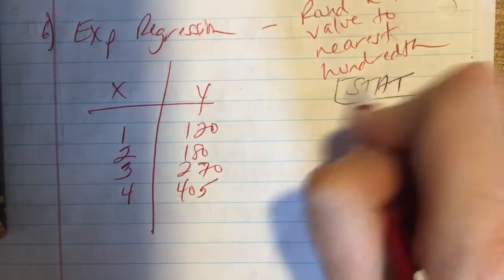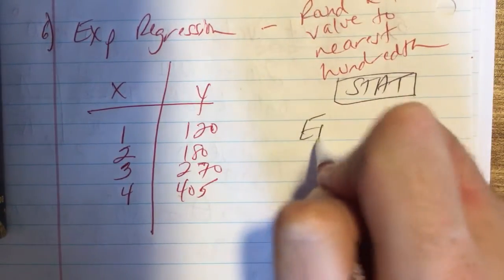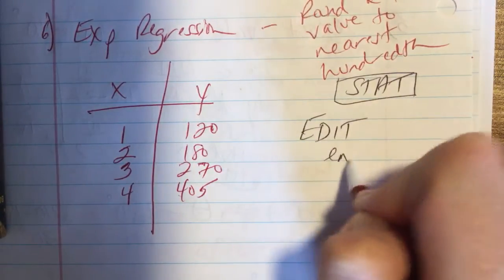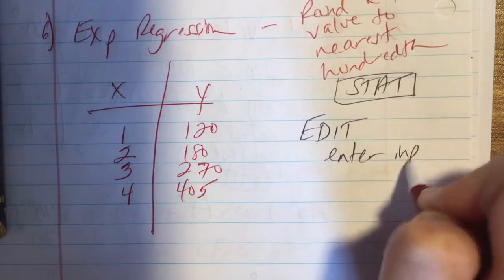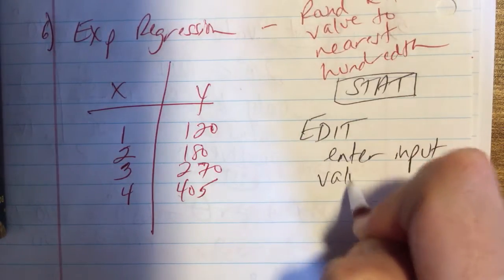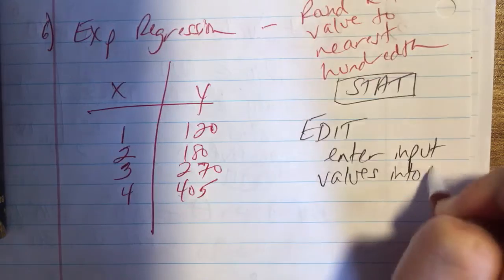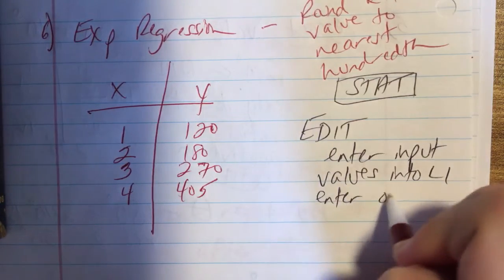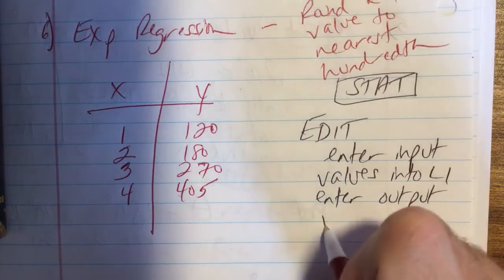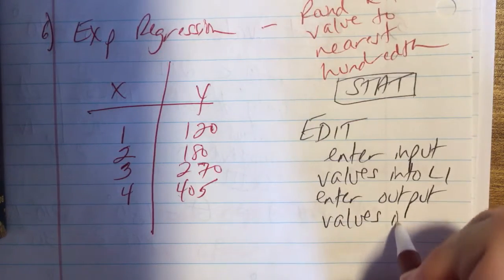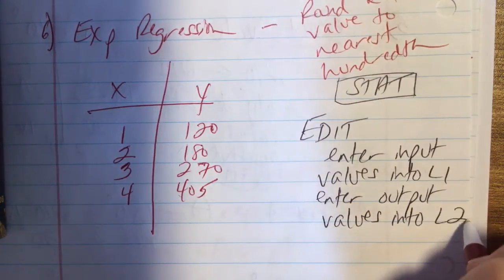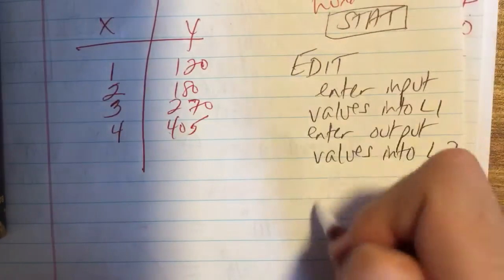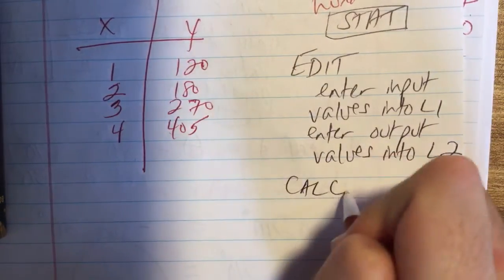So once again, you hit the stat menu, you go to edit, you enter input values into list 1, and you enter the output values into list 2. And then we're going to go back to stat, and we're going to go to calc.